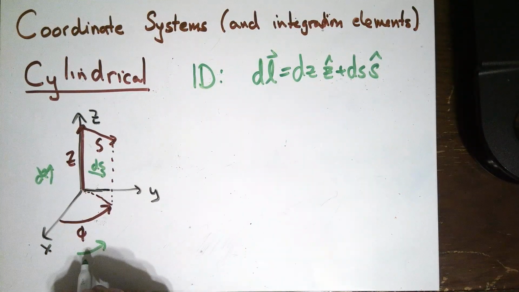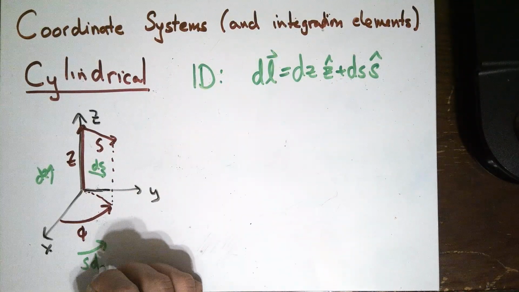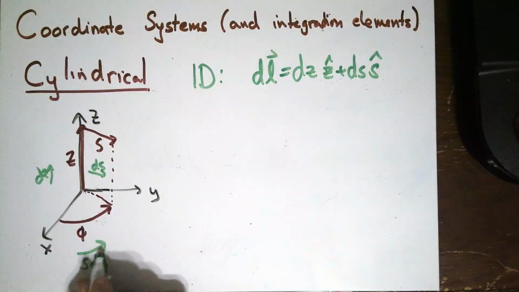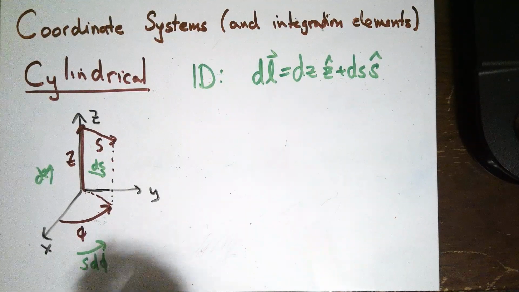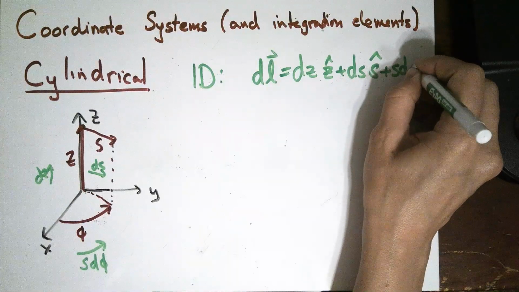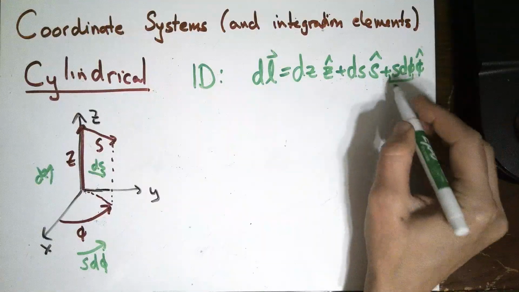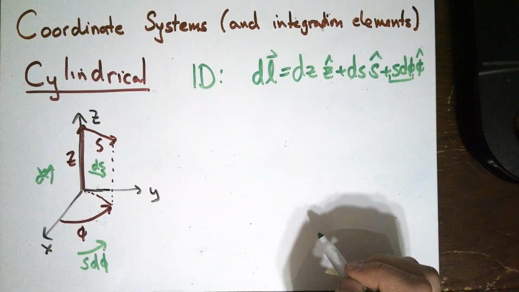So we actually want here an arc length. So we need to know S to figure out how big our step in the arc length is going to be. So in the phi direction, the tiny length element is S d phi.